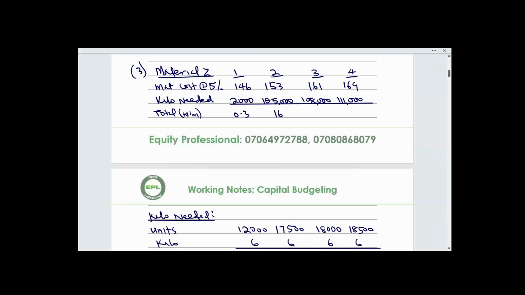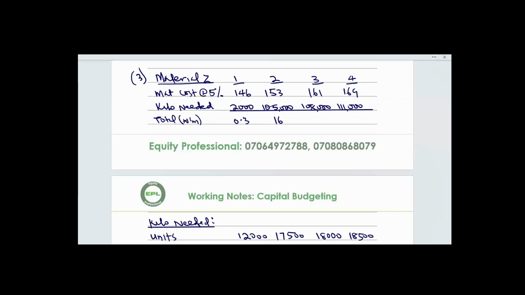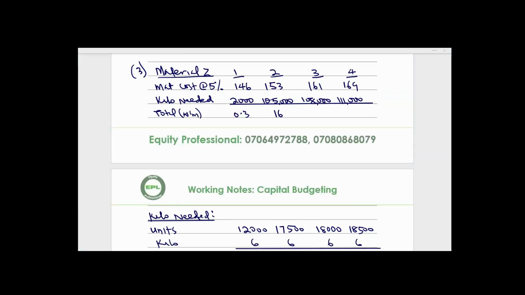Next one, 161 multiplied by 108,000 is equal to 17 million. The next one, 169 multiplied by 111,000. 19. That's 19 rounding.